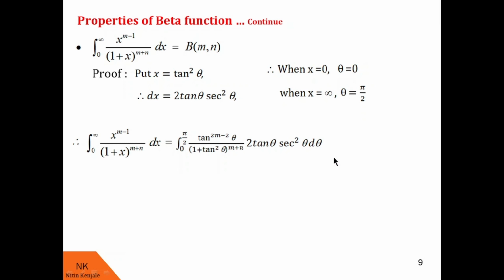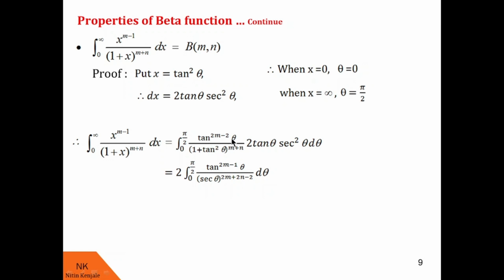Let us simplify this right hand side. 1 plus tan square theta is sec square theta. So 1 plus tan square theta raised to m plus n is sec raised to 2m plus 2n theta. We also have sec term here. So to multiply these two terms, we have to add their degrees. So in the denominator we have sec theta raised to 2m plus 2n minus 2.